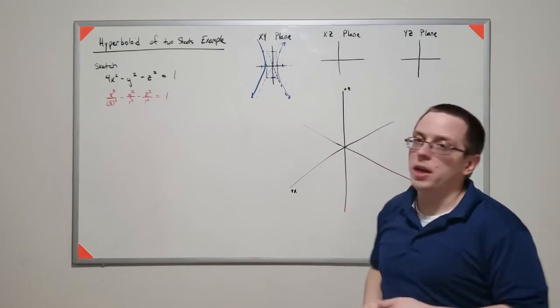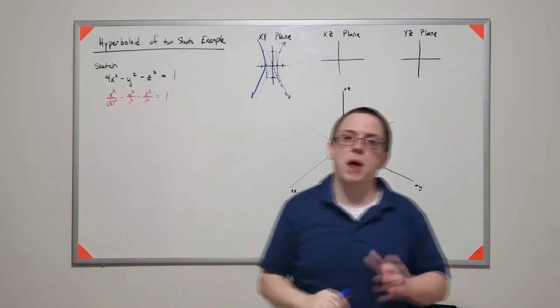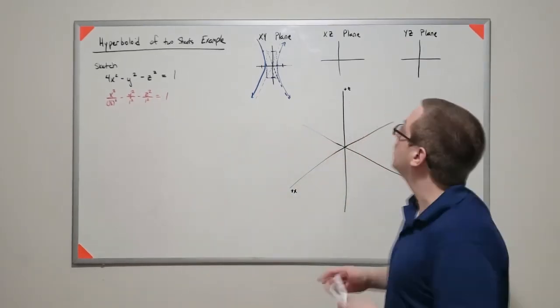Let's look at the xz plane while we're at it. Well, if I get rid of y, what I notice is the xz hyperbola is exactly the same as the xy hyperbola.